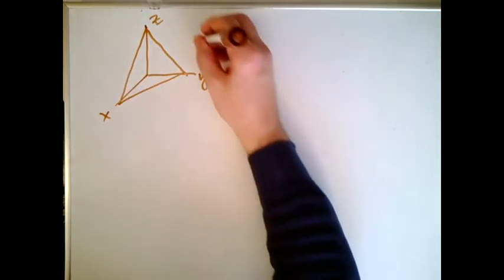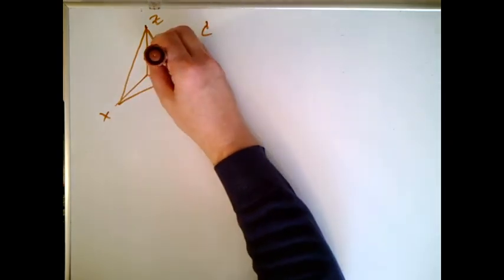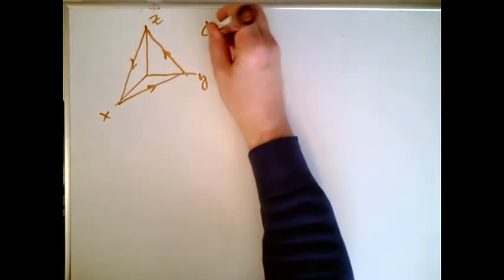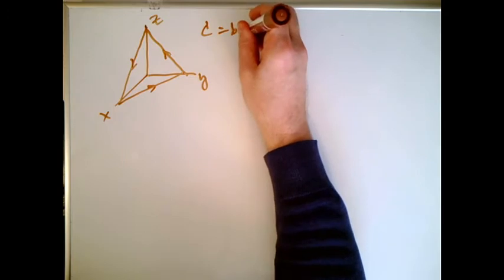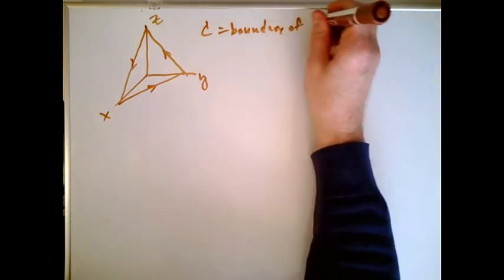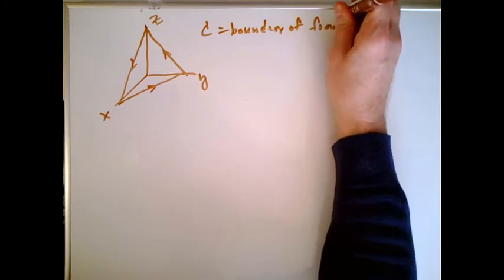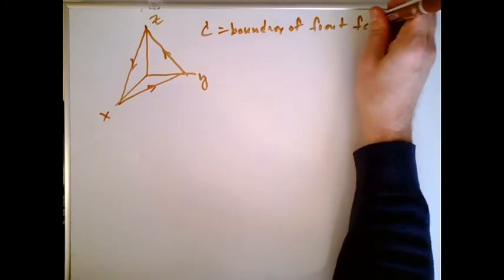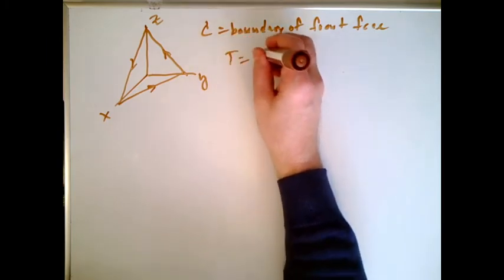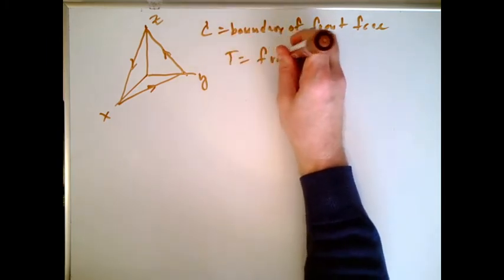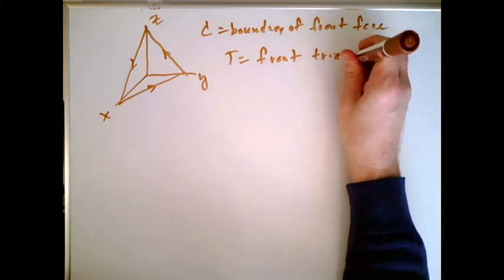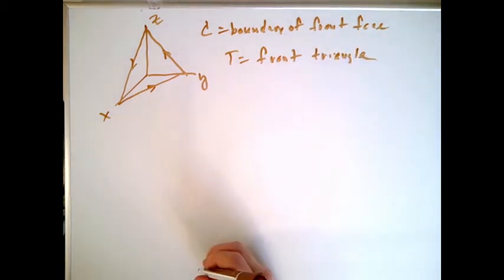We need a curve C, and for a curve C, what I want is just a boundary of the front face. So the boundary is in the shape of a triangle. It's like this. I'm going to call T the front triangle. So this is actually going to have area. And I want to label the other triangles.